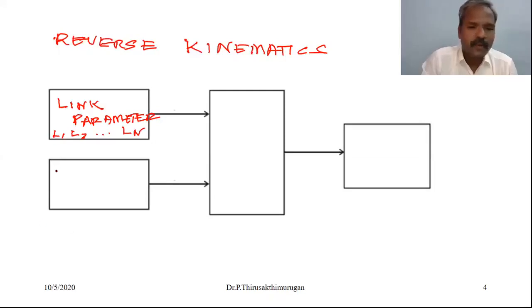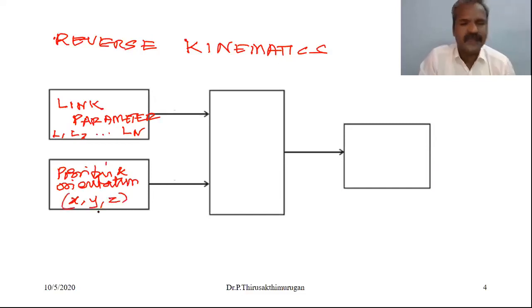Then the global parameter, the position and orientation. Say the world space parameters are given: position and orientation. Say X, Y, Z. X, Y alone for planar robo, X, Y, Z for 3-dimensional robo.